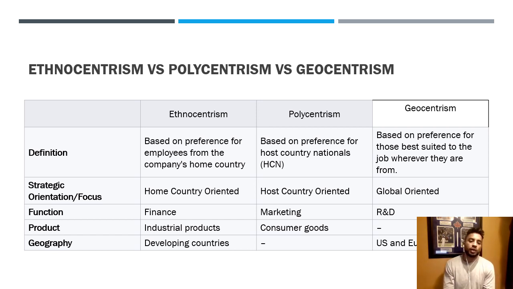Polycentrism is based on preference for host country nationals; you don't have to worry too much about that. Geocentrism is based on preference for those best suited to the job, wherever they are from. So very easy, right? We're really going to focus on ethnocentrism and geocentrism. Ethno is focusing on your own country, and geocentrism is focusing on multiple countries.